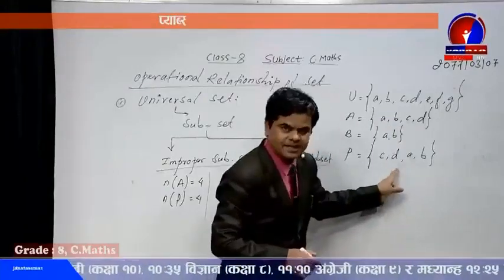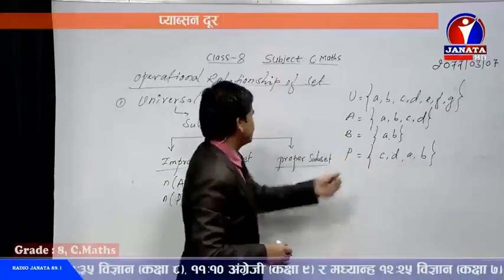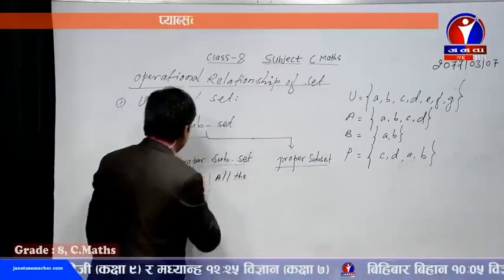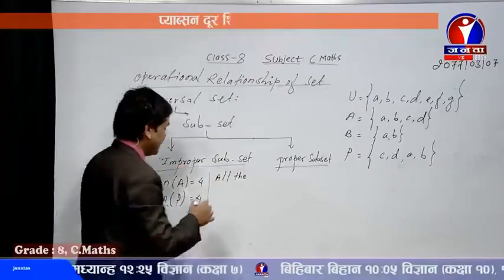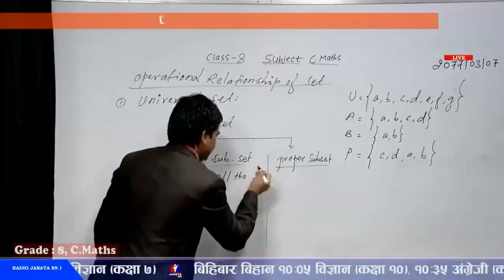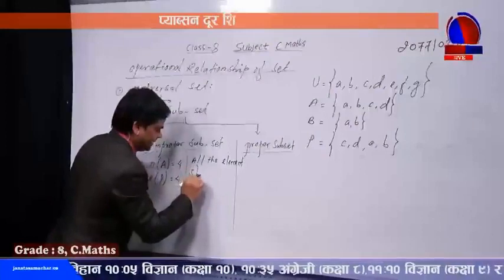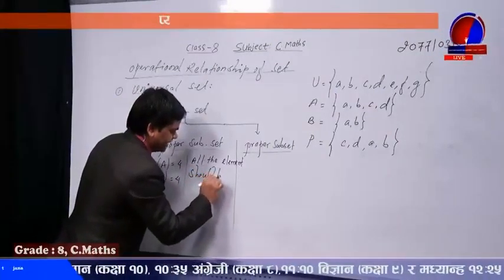The elements are the same. That's why, for this type of set, another characteristic to be kept in mind in case of improper subset is that all the elements should be the same.